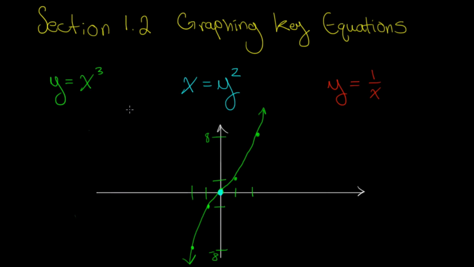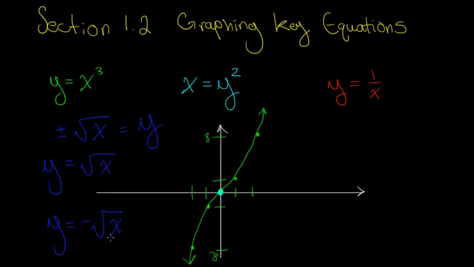You can write it by taking the square root of both sides, so the square root of x is equal to y, but this is positive or negative. That means y is equal to both positive square root x and negative square root x. So we're going to get the square root function positive going this way, and then the square root function negative going this way. The square root of 1 is 1, and the negative square root of 1 is negative 1, and so on.